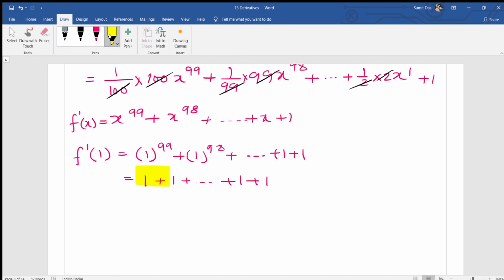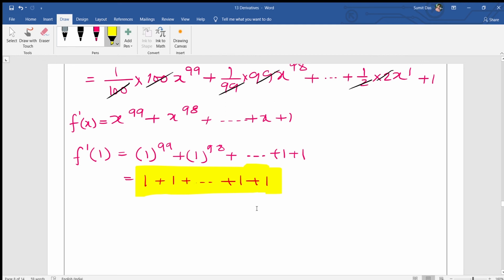How many 1s are there in the yellow highlighted part?